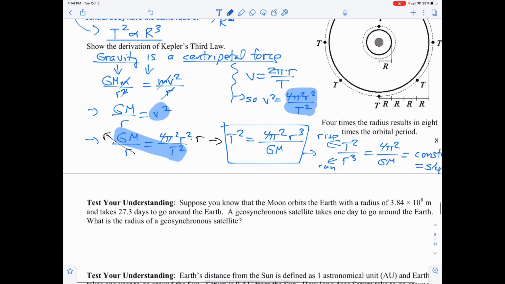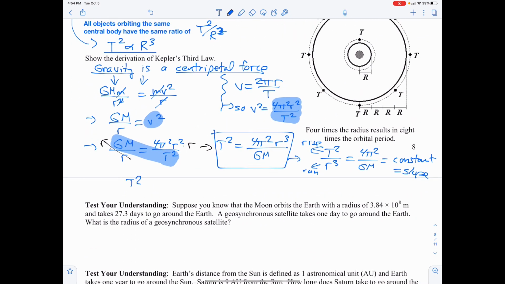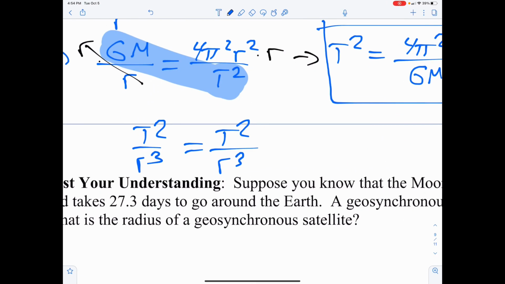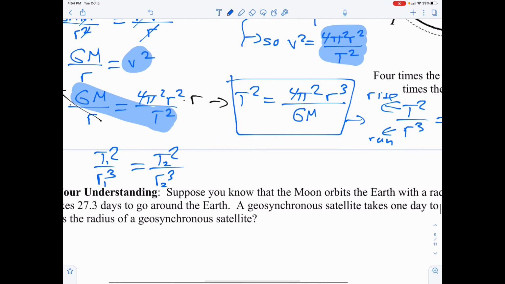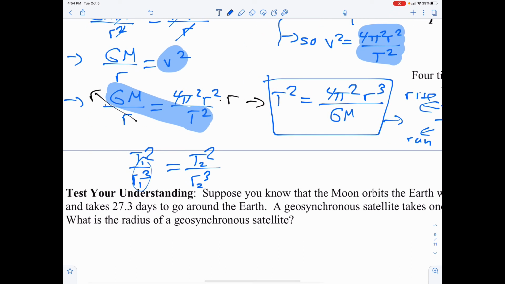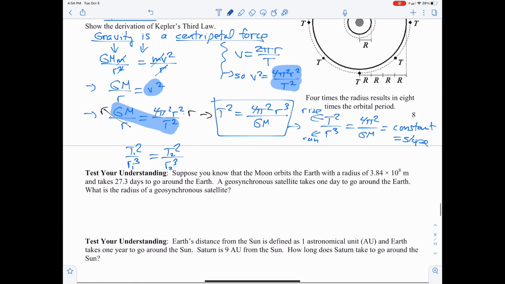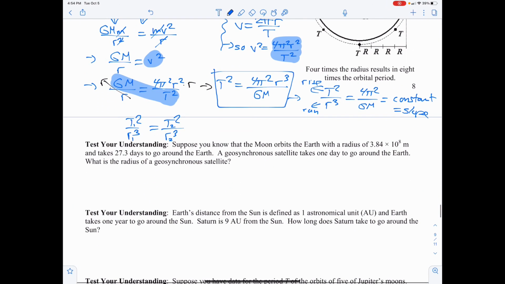Okay, and so T1 squared over r1 cubed equals T2 squared over r2 cubed, where 1 and 2 are two bodies. So for instance, if you have two objects like Earth and Saturn, which both orbit the sun, 1 would be Earth, 2 would be Saturn. Let's take a look at a couple examples to finish this up.